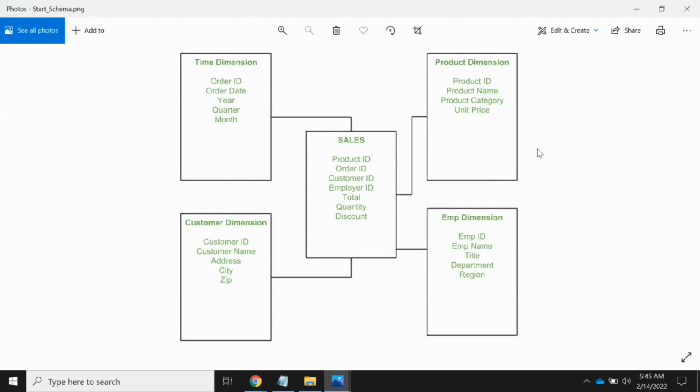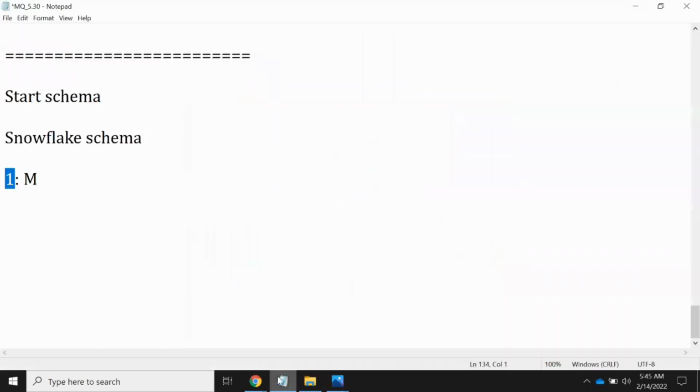Okay, now how will the data be loaded into the tables? First, data will be loaded into the dimension tables. From the dimension tables, they will load it into the fact tables. Data warehousing is nothing but a combination of tables, right?